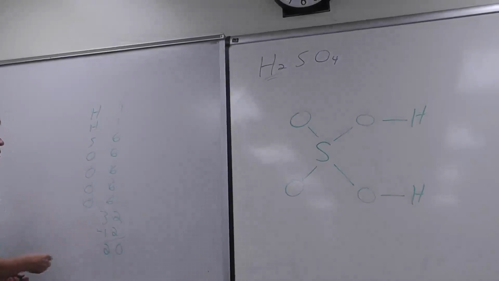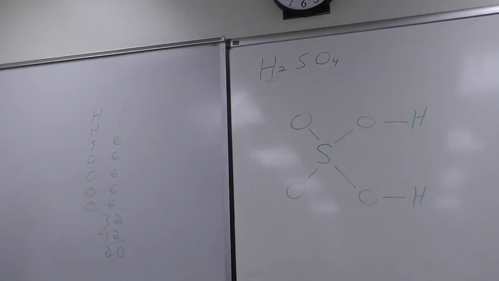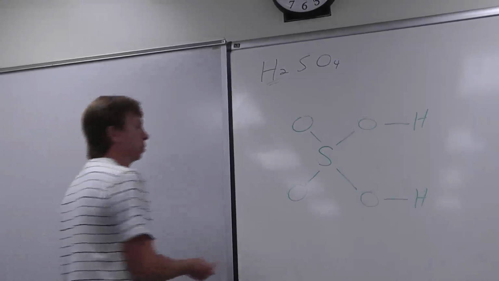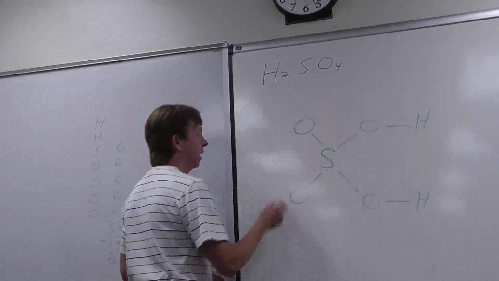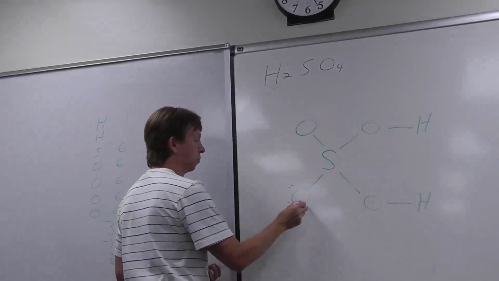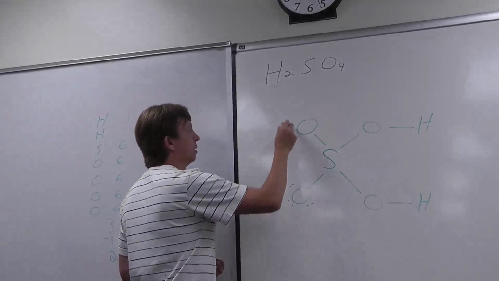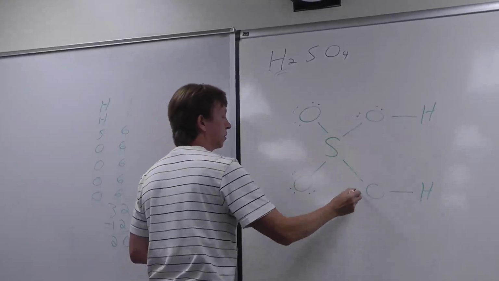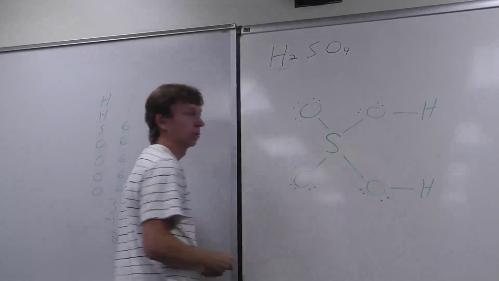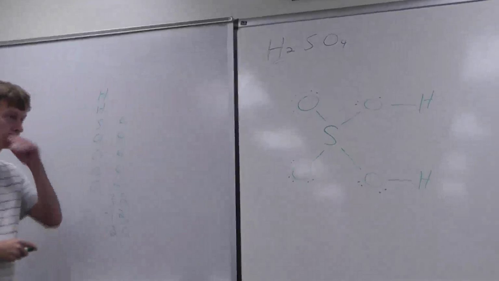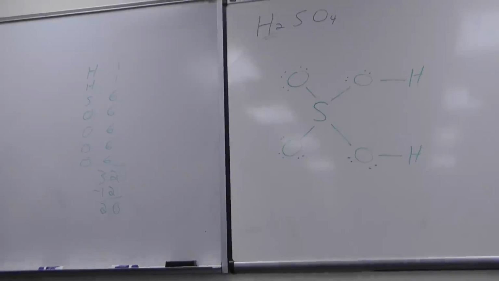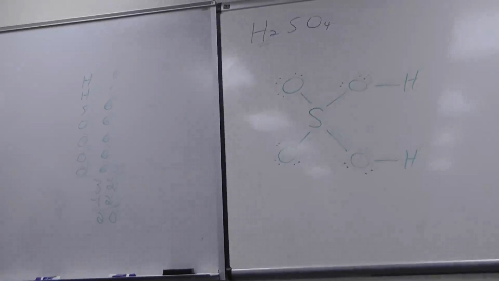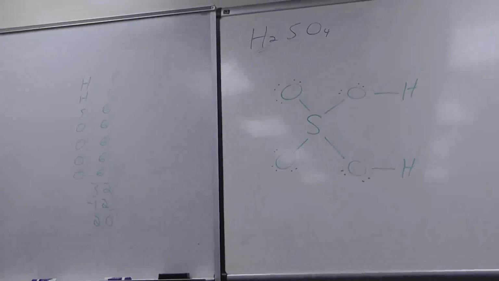That means there's 20 more to go that are not bonding. We start putting those in with our high electronegativity atoms, 20 of them. So 2, 4, 6, 8, 10, 12, 14, 16, 18, 20. And that would be your structure at the end of rule 4.